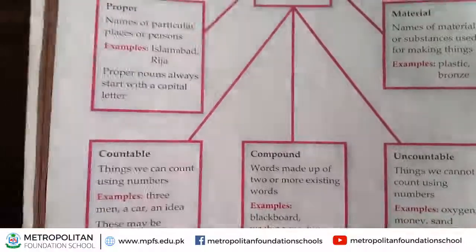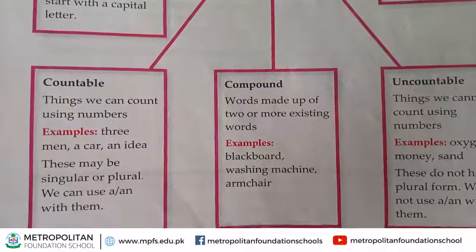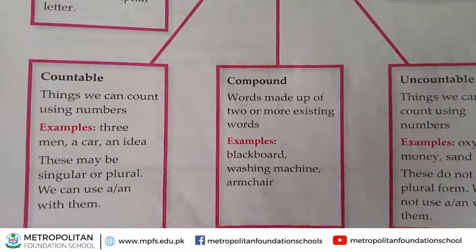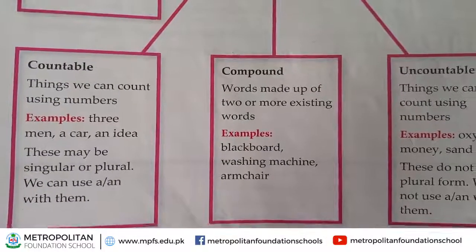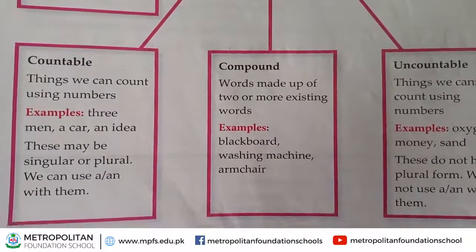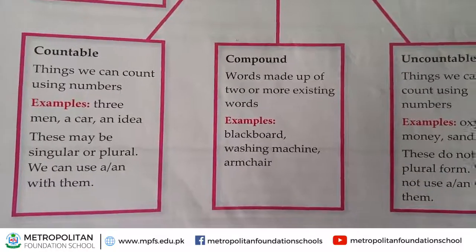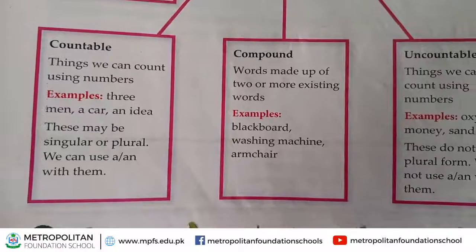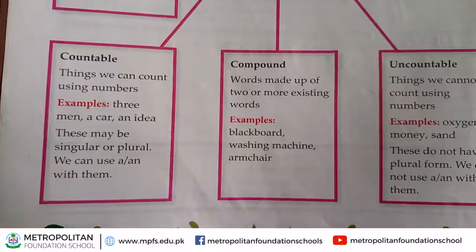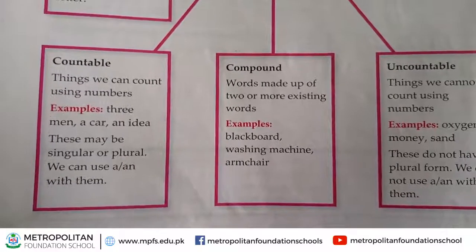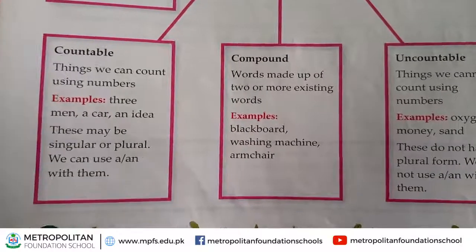So let's move on. Compound noun: words made up of two or more existing words are called compound words or compound nouns. It means things that are made from one or two things are called compound.